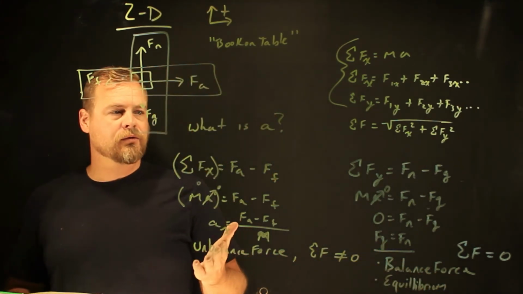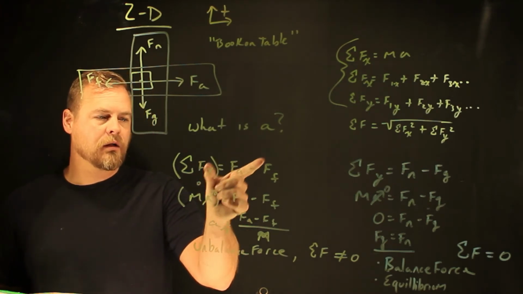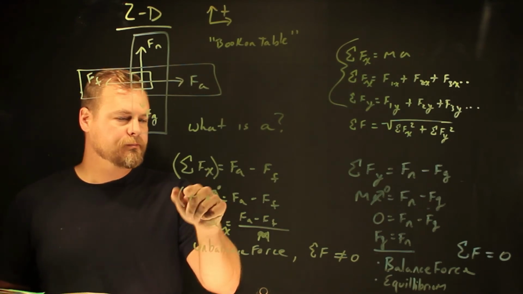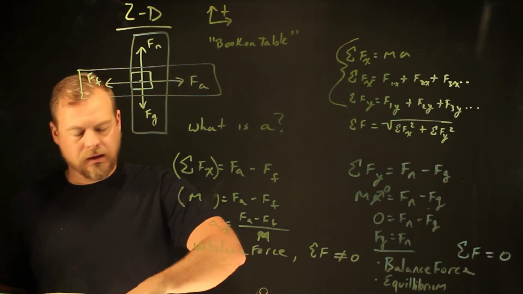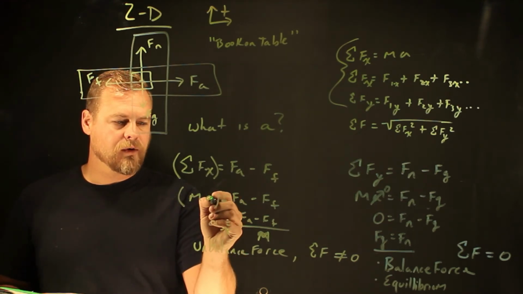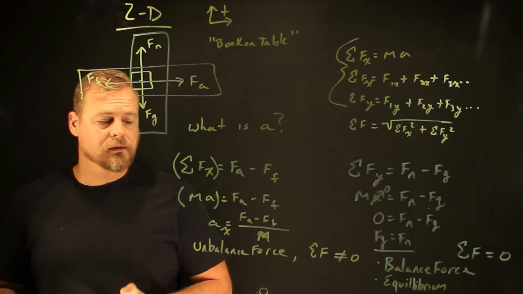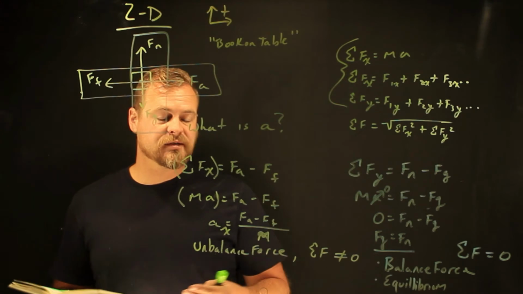So if you want to know what acceleration is, you take the sum of all the forces in that dimension and you set it equal to ma, and then you plug in your information for ma. If there is no acceleration, where it's balanced, and it's pretty obvious if it's balanced because it's not accelerating.